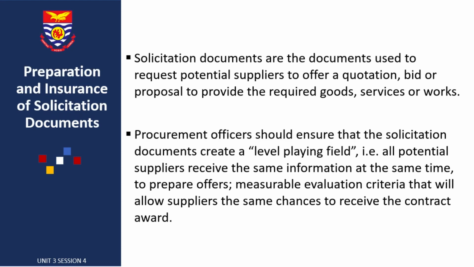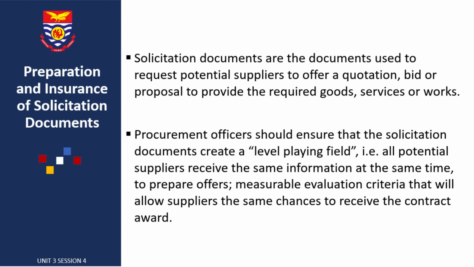So we come to preparation and issuance of solicitation documents. Solicitation documents are the documents that are used to request potential suppliers to offer a quotation, bid, or proposal to provide the required goods, services, or work. But procurement officers also have the responsibility of ensuring that these solicitation documents create a level playing field for all potential suppliers.